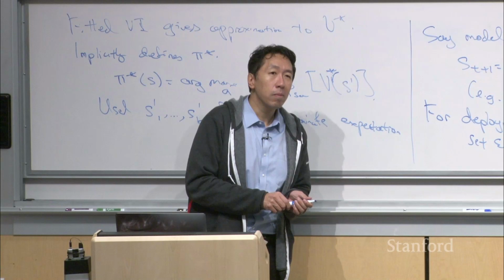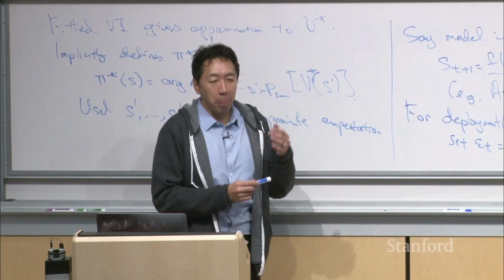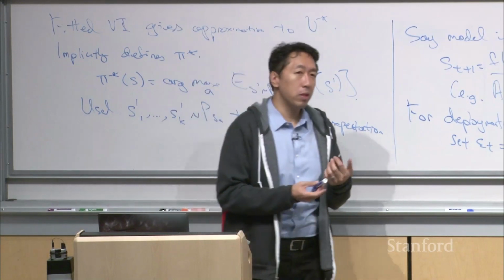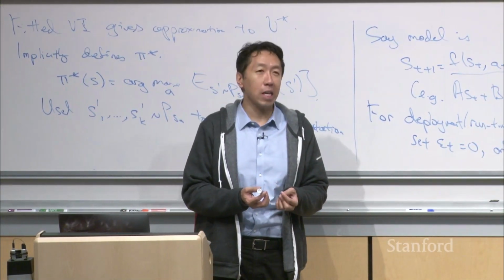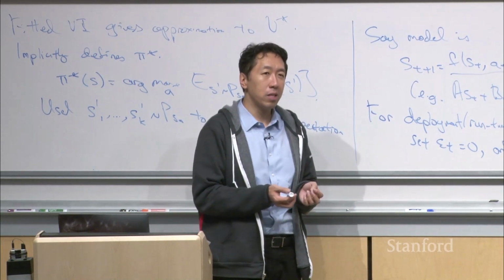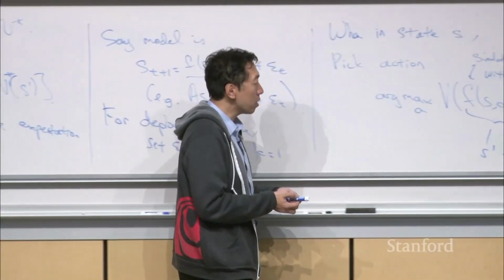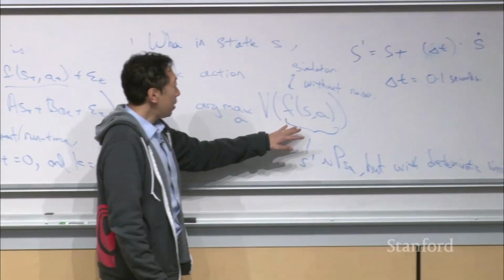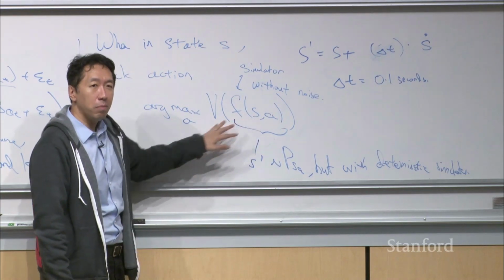Question: Isn't our action space continuous though? Oh, yes. For the purpose of this, you can assume you have a discretized action space. And it turns out that for a self-driving car, it's actually okay to discretize the action space. For a helicopter, we tend not to discretize the action space, but it turns out if F is a continuous function, then you can use other methods as well, right?